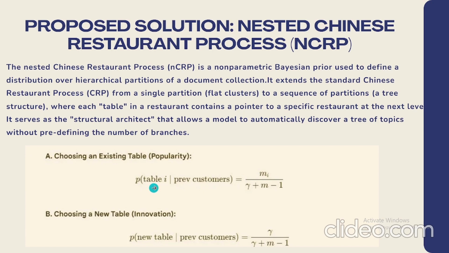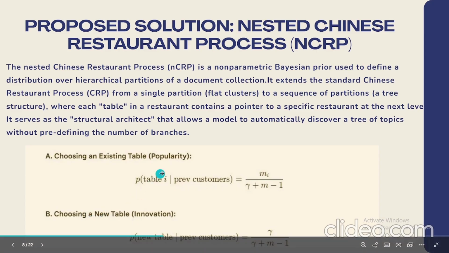When we are choosing an existing table, the probability is mi, the number of customers already sitting at that table, divided by gamma plus m minus 1, where gamma is a hyperparameter and m minus 1 is the total number of customers seen until now.